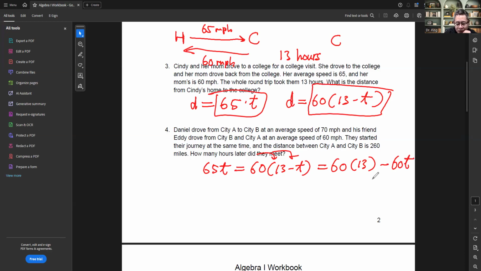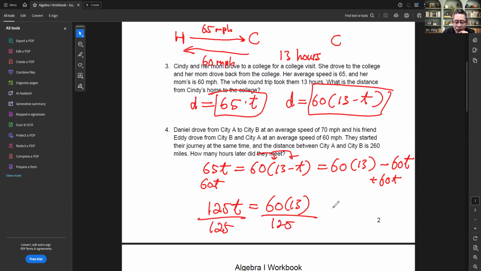Okay, then we of course add 60t on both sides. So we got 125t. The other side is 60 times 13, and I divide by 125. So that's our t. Then we can divide by 5 on top and bottom.